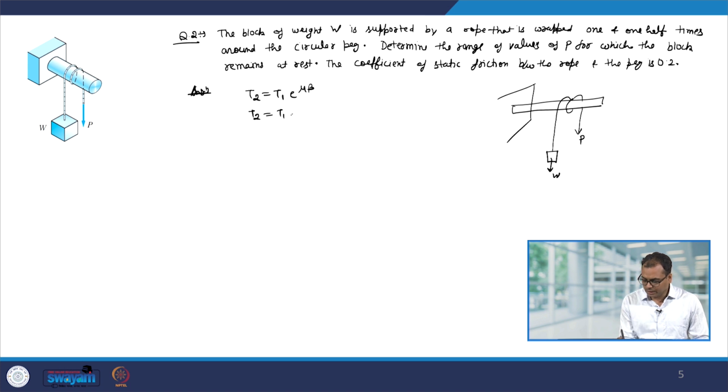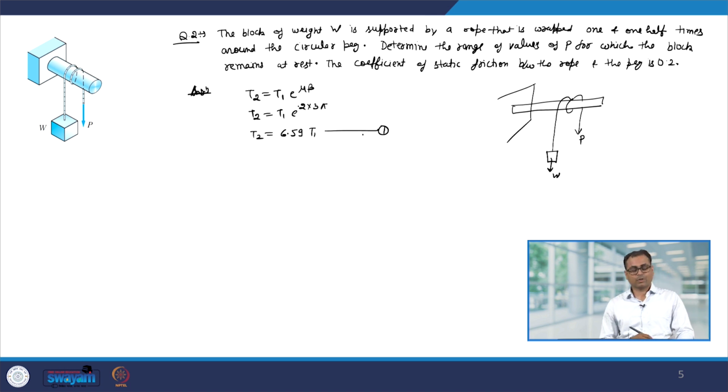So, T2 will be T1 e to the power mu, which is given as 0.2, and beta is also given, it is 3 pi, because it is wrapped 1 and 1/2 times. So, therefore, T2 will be 6.59 T1. Let us call it equation number 1.